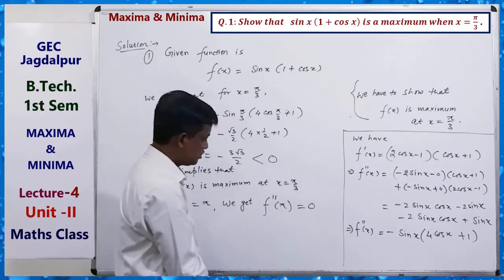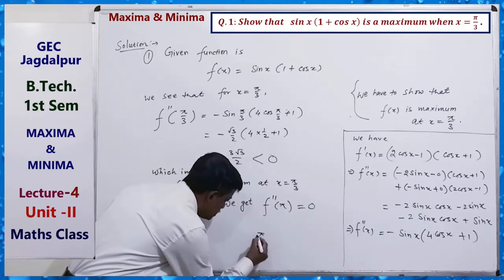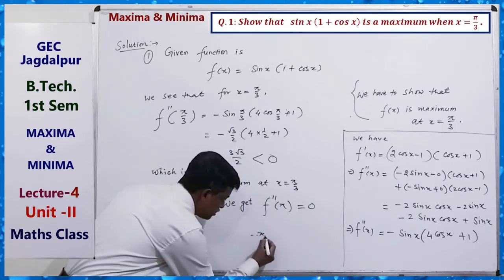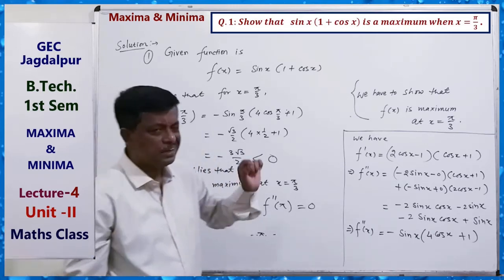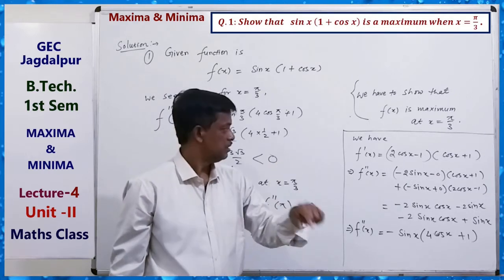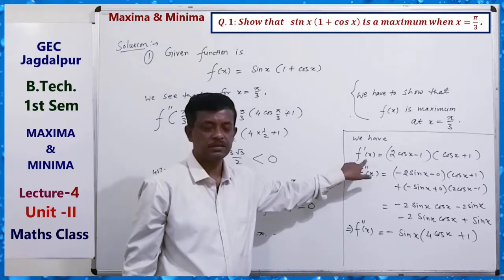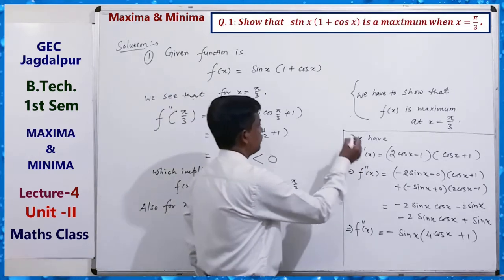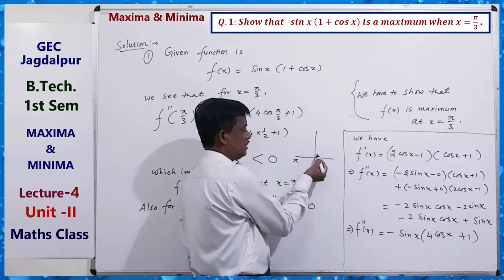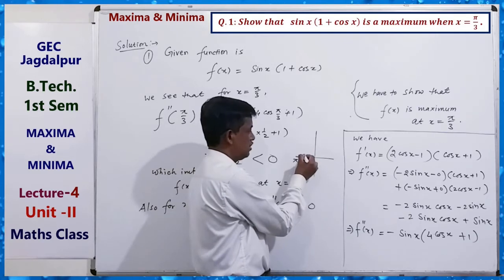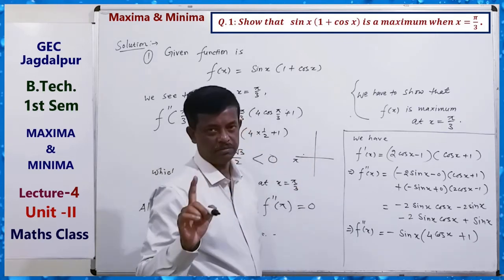Pi. So slightly less value of pi, slightly greater value of pi. We can see that for slightly less value of pi, this is pi. Slightly less value of pi means here cos is negative.